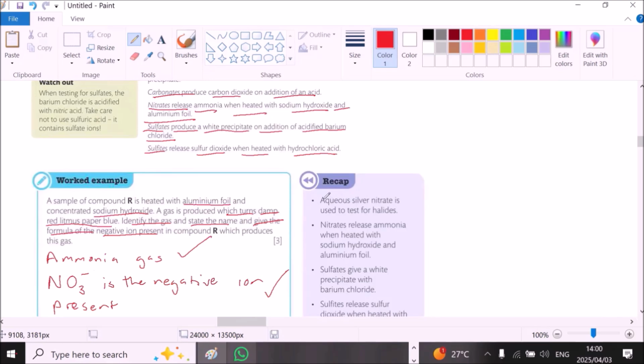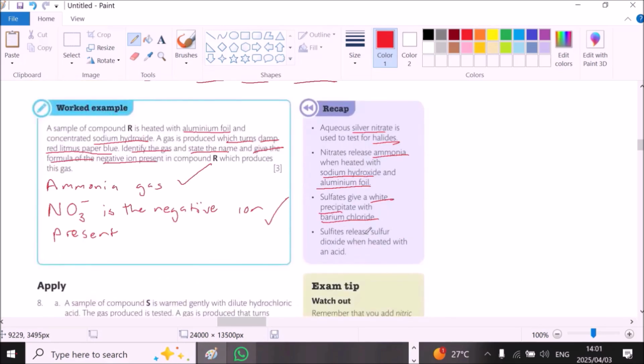So for a recap, aqueous silver nitrate is used to test for halides. Nitrates release ammonia when heated with sodium hydroxide and aluminium foil. Sulfates give a white precipitate with barium chloride. Sulfites release sulfur dioxide when heated with an acid.